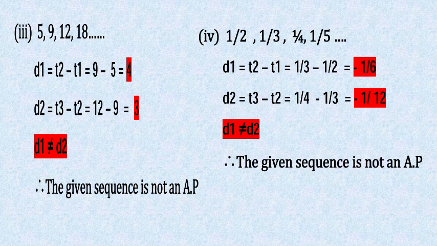In this case D1 is not equal to D2, therefore the given sequence is not an AP. Similarly, solve the fourth problem also, as the terms are in fractional form. Take an LCM while subtracting and cross-check. In question number 4 also, the D1 and D2 values are not the same, hence the given sequence is not an AP.